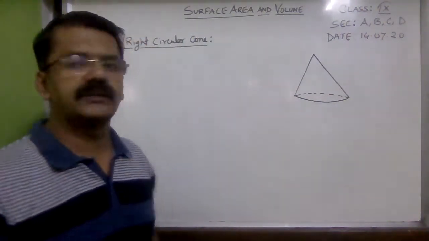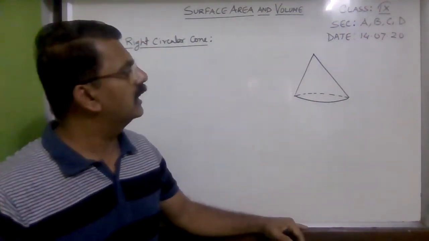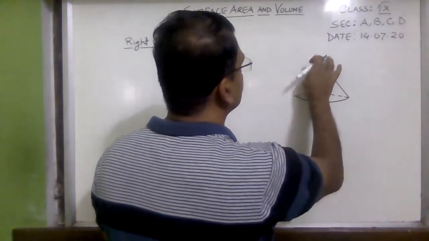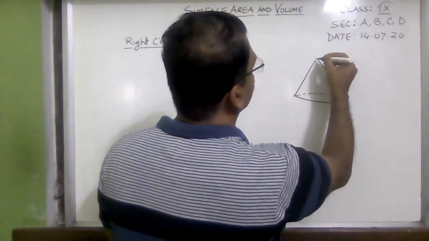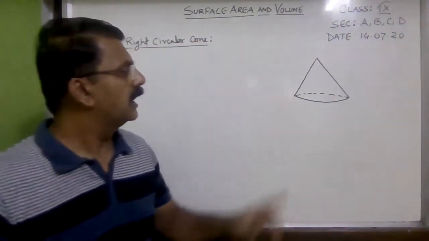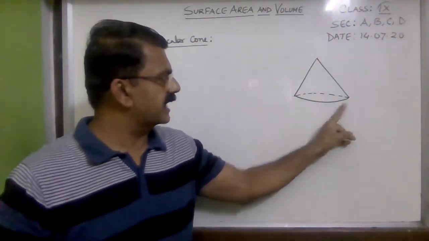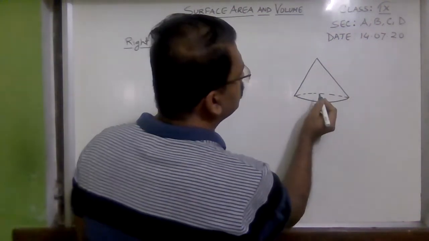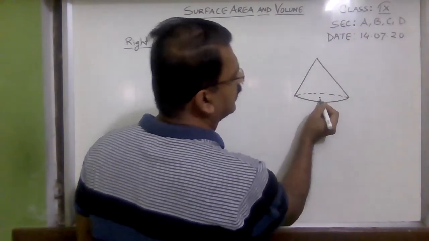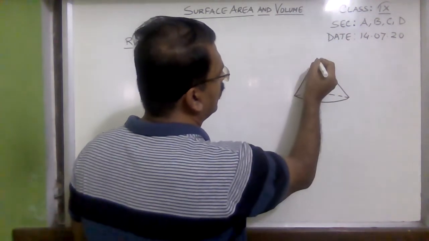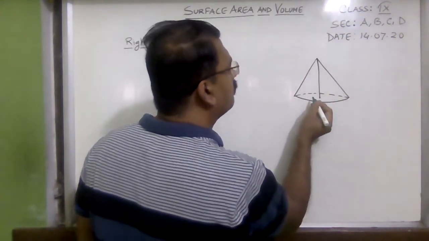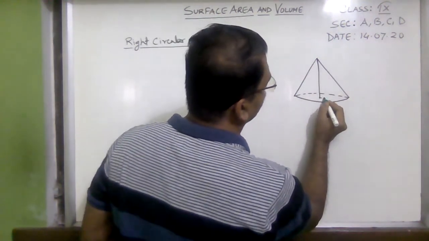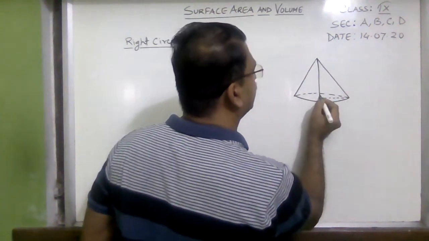Now why is this cone called a right circular cone? Because its base is a circle, and the line joining the center of that circle at the base with the vertex is perpendicular, or at right angle, to the base. That means this angle is 90 degrees.